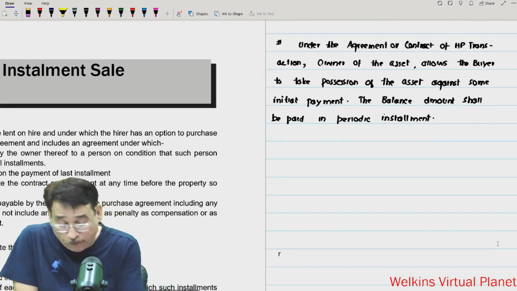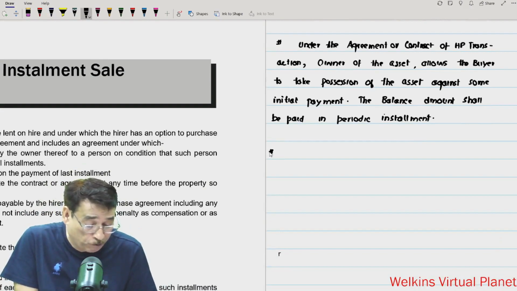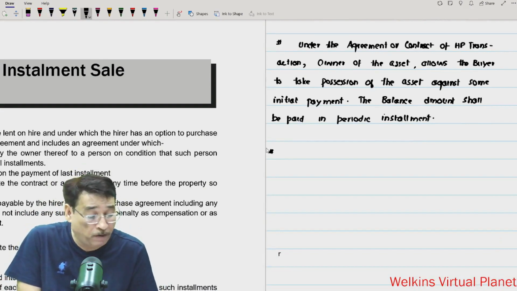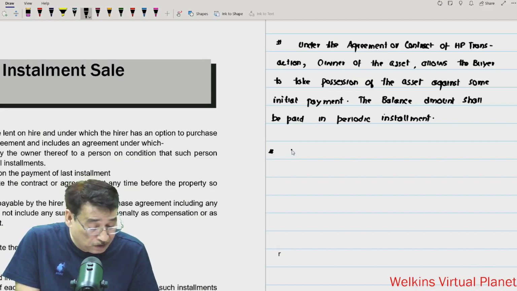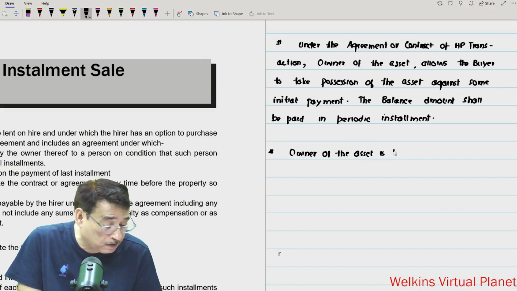Now, before we move further, let us have a bit of knowledge so that we should not commit any mistake later on. The owner of the asset is known as hire vendor.